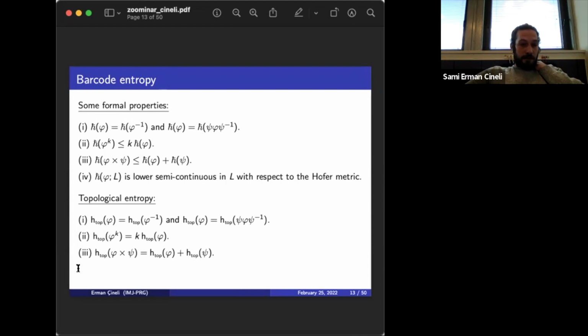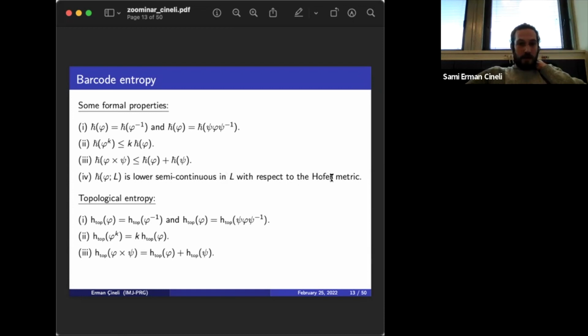Now looking at numbers 2 and 3 of topological entropy, it is additive and homogeneous. A priori, we don't have these properties for barcode entropy. Numbers 2 and 3 just follow from the definition. We have inequality because we are taking the upper limit in the definition. And finally, the fourth point is that the relative version is lower semi-continuous in the Lagrangian with respect to the Hofer metric.